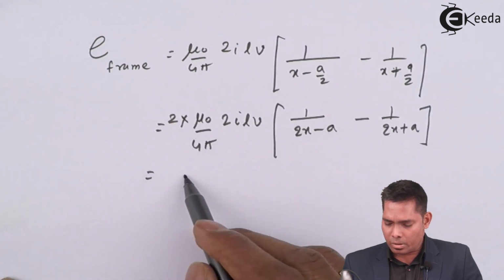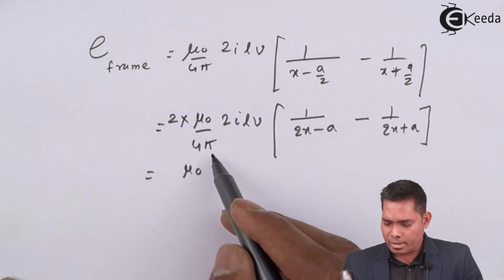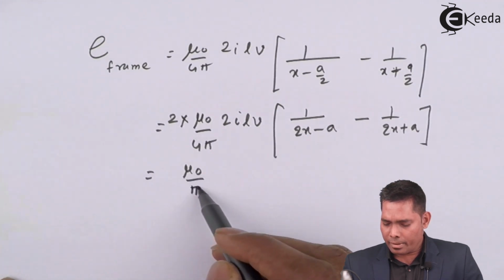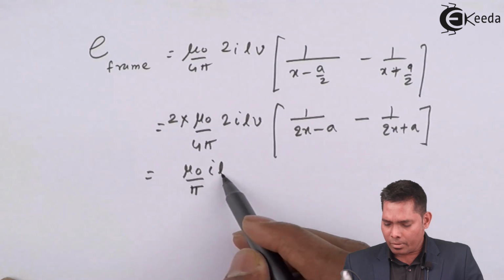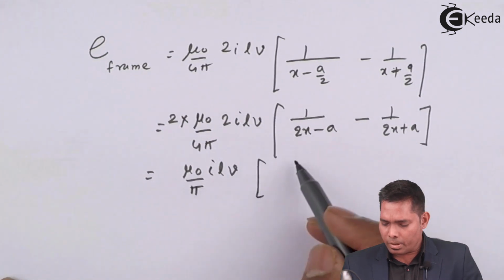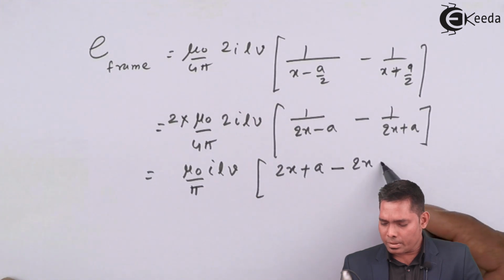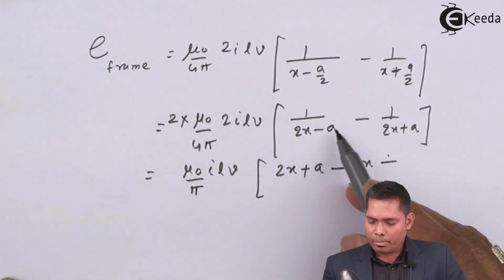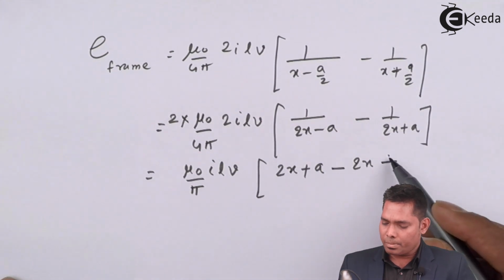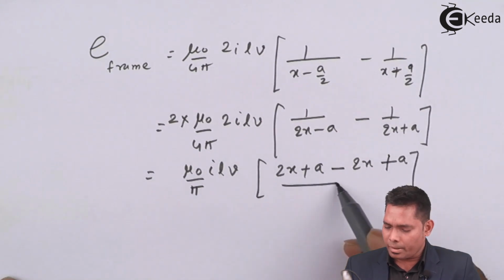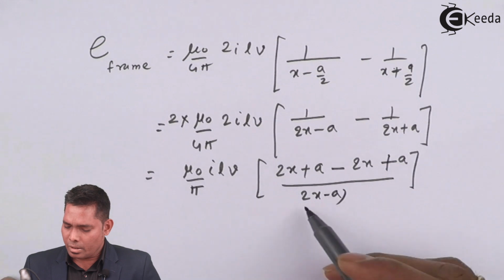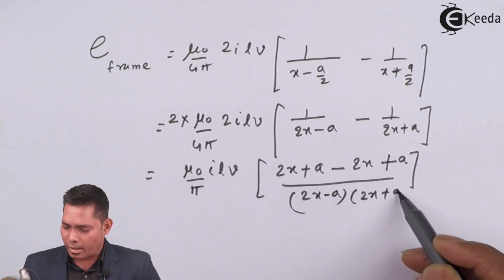So this is mu 0, 4 will cancel, divided by pi, and ILV into 2x plus a minus 2x minus a, because minus of this becomes plus a, divided by 2x minus a into 2x plus a.